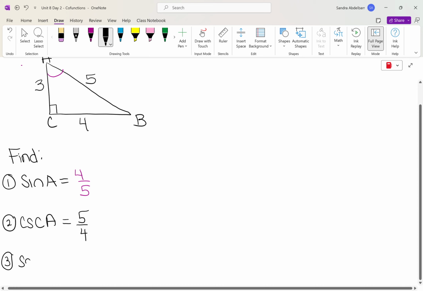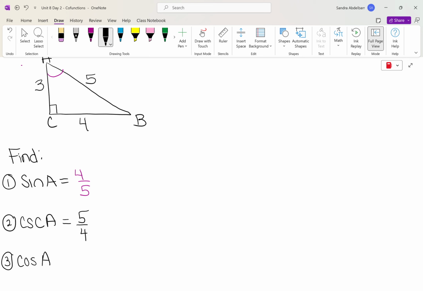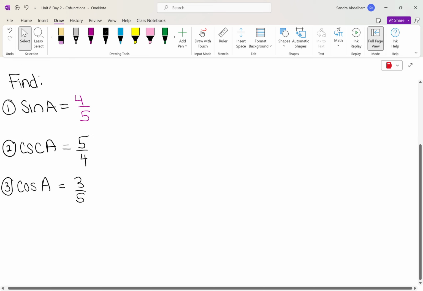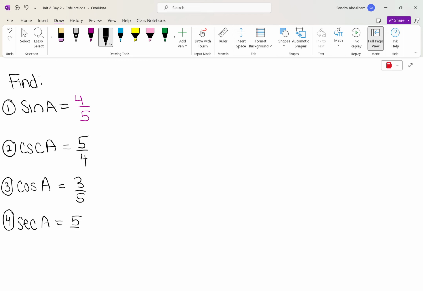Cosine angle A is going to be 3/5. Secant angle A is just the reciprocal of that, so 5/3.